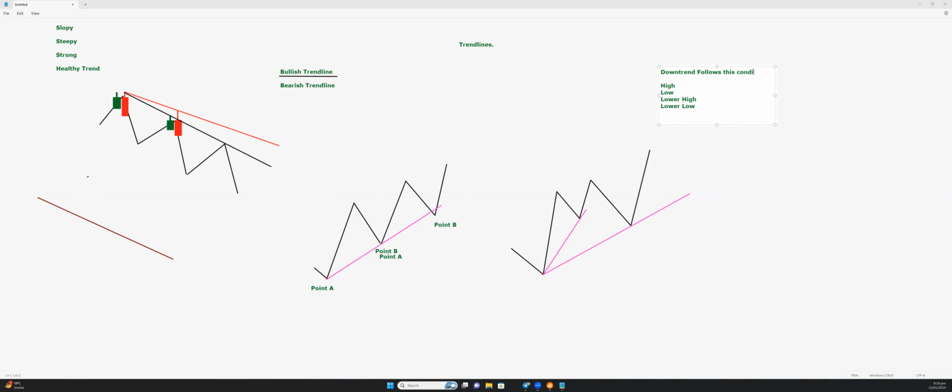And uptrend always follows the condition that price starts from the low, it creates a high, it comes further lower, low, and then it creates a higher high.